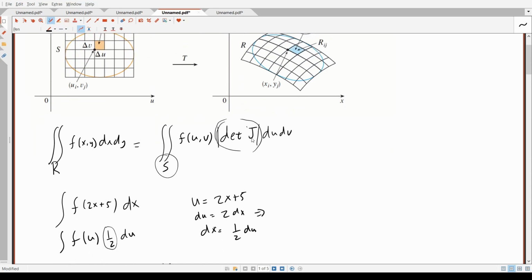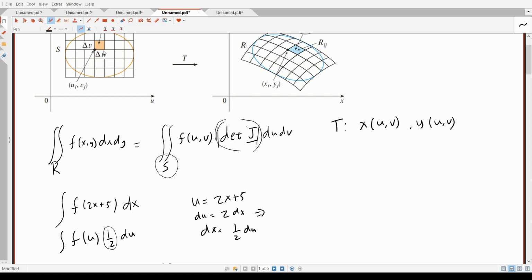Okay. So what is J? J is the Jacobian matrix of the transformation. It's going to be different for each transformation. So what is my transformation? Say I have x is a function of u and v, and y is a function of u and v.